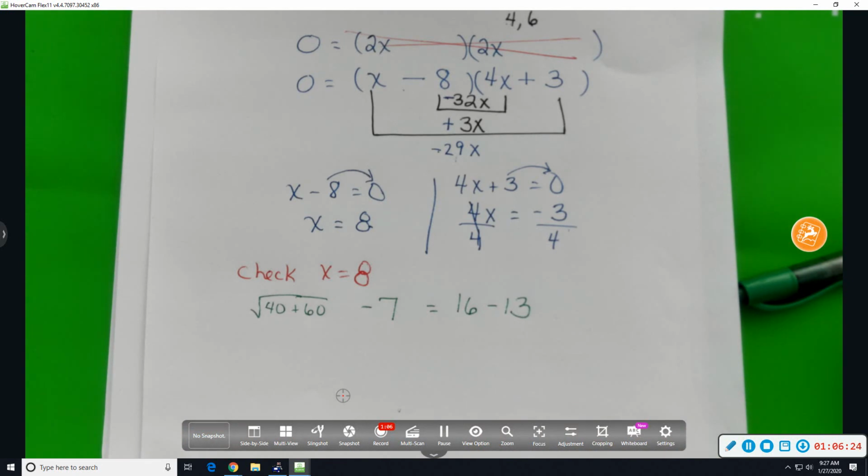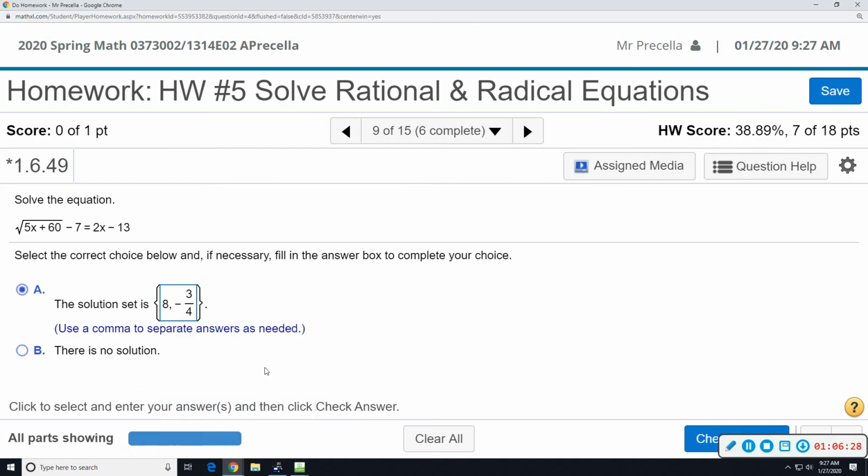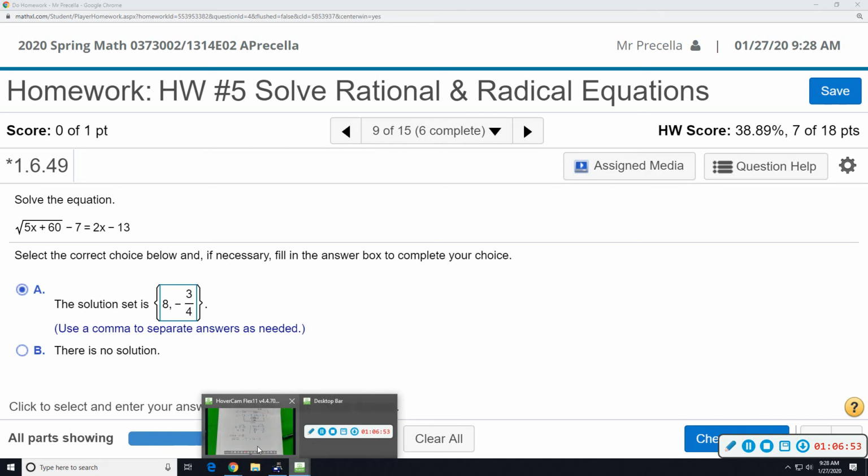Don't use one of the problems or equations later on after you've started squaring it and stuff. You must check with the original problem. I'm putting an 8 here. 5 times 8, that gets a 40, and then we have a plus 60, then the minus 7, and over here 2 times 8, that's the 16. That's what I was writing here.